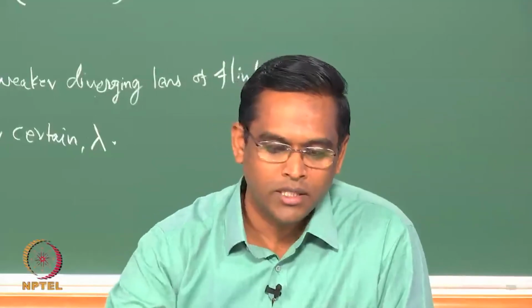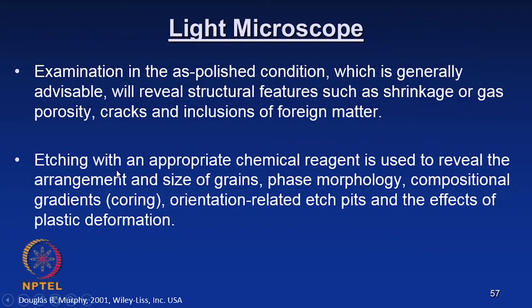However, just look at the initial remarks. Etching with an appropriate chemical reagent is used to reveal the arrangement and size of grains, phase morphology, compositional gradients, sometimes called coring, orientation related etch pits, and the effects of plastic deformation.